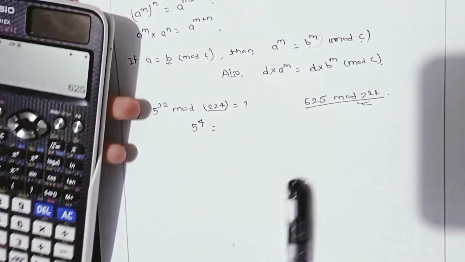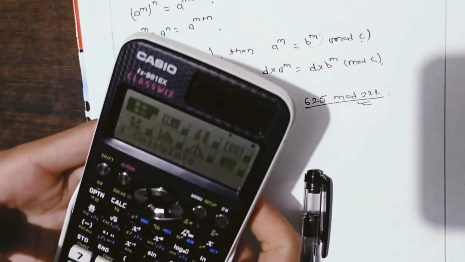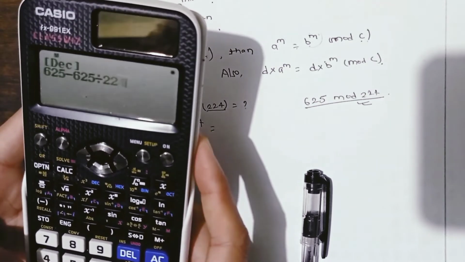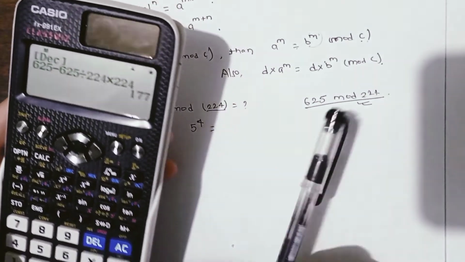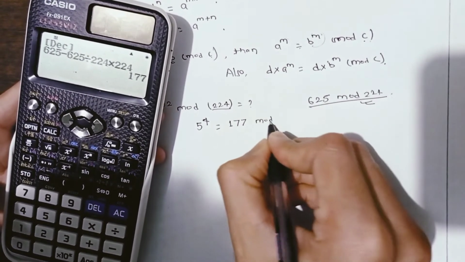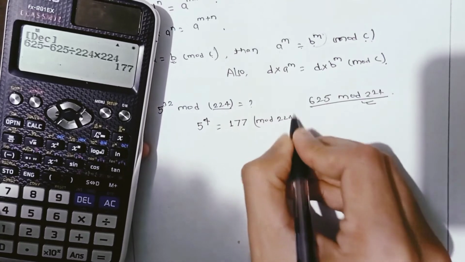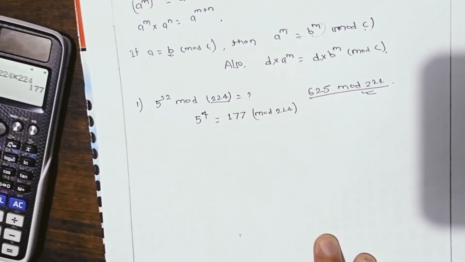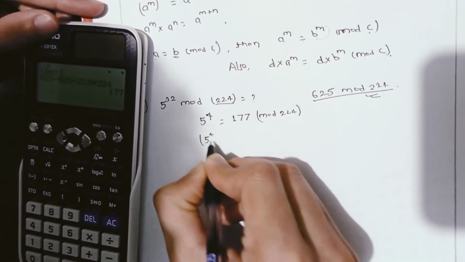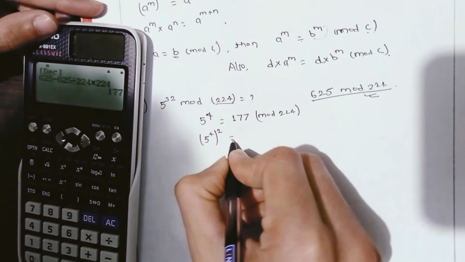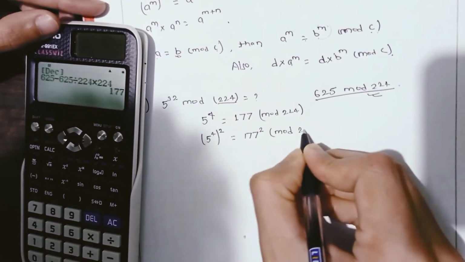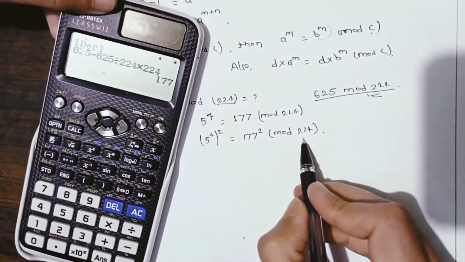You can find, as I have already told you, 625 minus 625 divided by 224 into 224, that is 177 mod 224. Hope you got it. Now if we raise the power to 2, you will get 177 square mod 224.